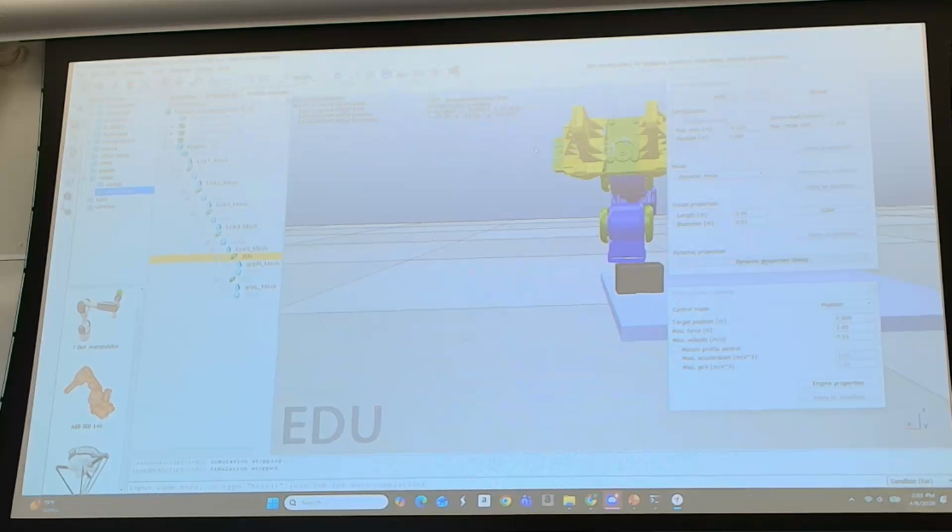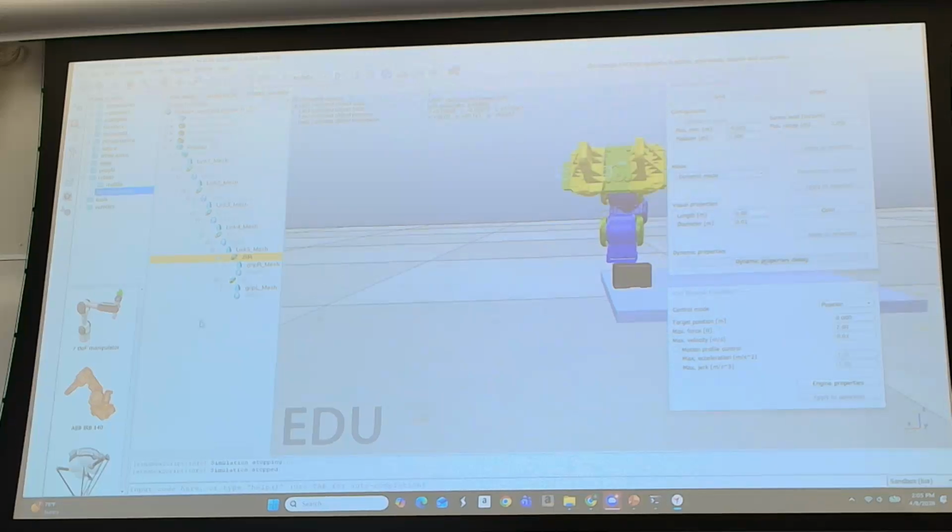Gotcha. And then this is the same, but opposite. I rotated it around, so it's still minus 0.025. Mirrored it.